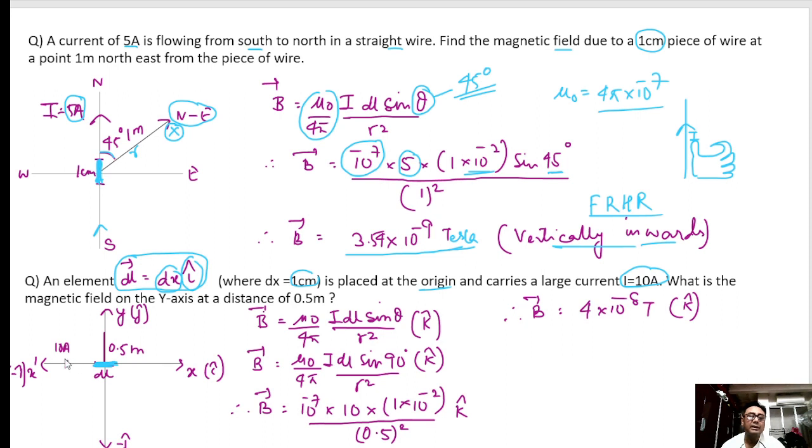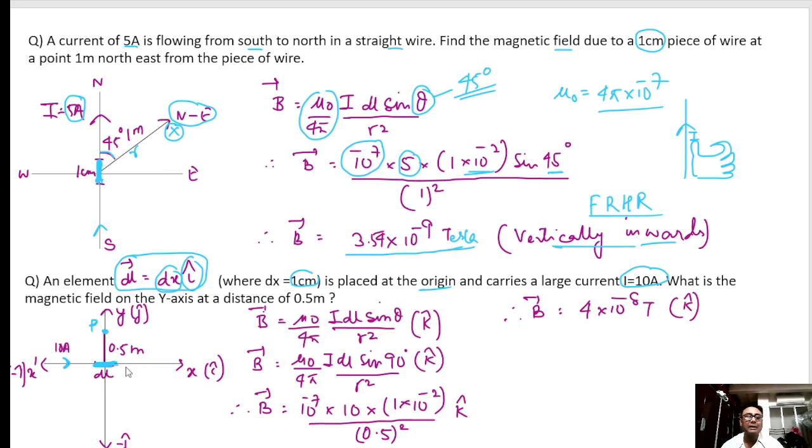What is the magnetic field on the y-axis at a distance of 0.5 meters, at this point P?